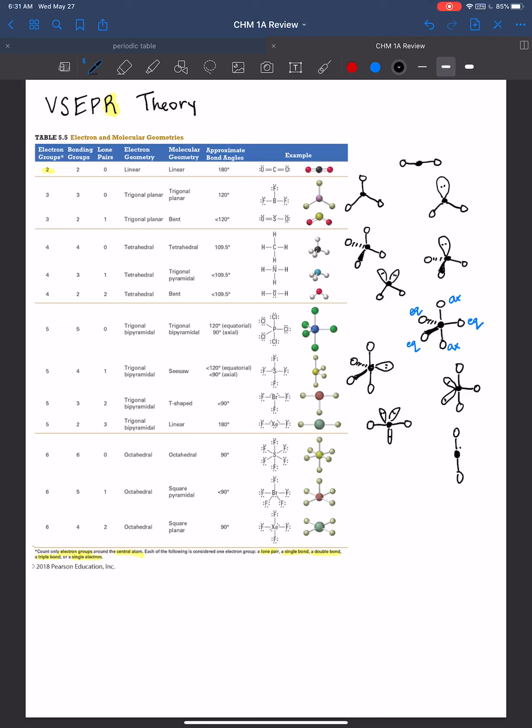So remember, the ones going into the paper, we use a dash. And the groups coming at us, we use a wedge. And that's how you would do a 3D representation of the octahedral group. And each of these bond angles is 90 degrees. Did not mean to erase that. Let me draw that again real quick.